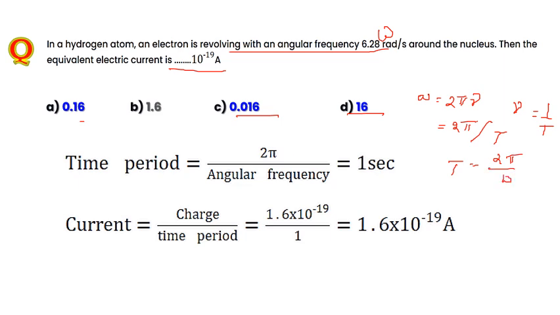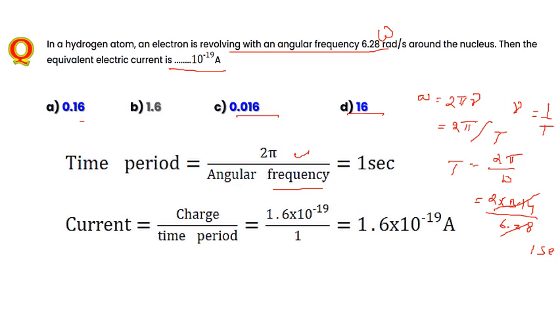Here 2 pi is 2 into 3.14, divided by the given value 6.28. If you multiply 3.14 into 2, what you get is 1 second.